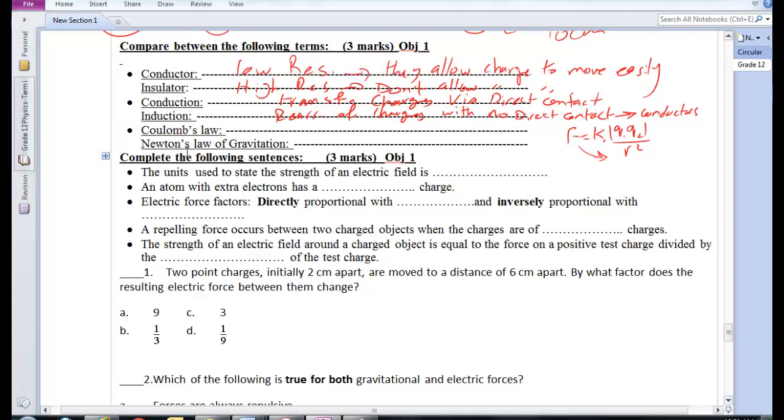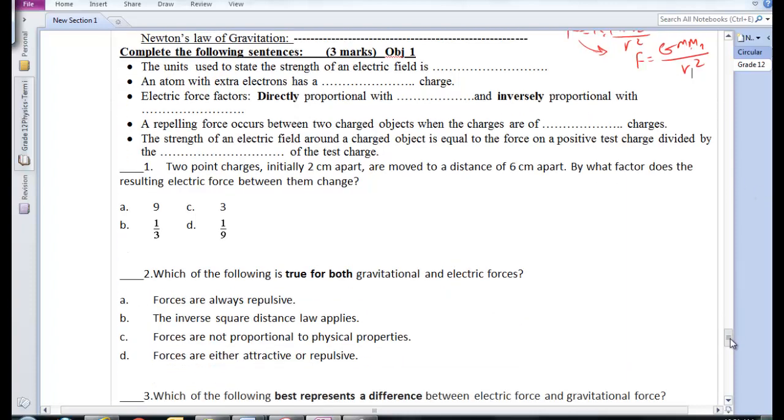Newton's law of gravitation looks like Coulomb's law. It is equal to G m1 m2 over R squared. So the gravitational force is directly proportional to the masses m1 and m2, and inversely proportional to the square of the distance between the two objects.